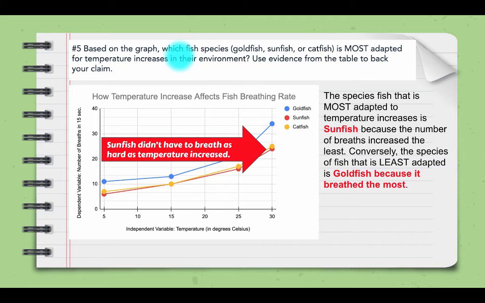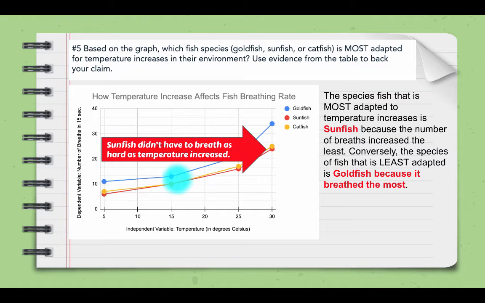Then we compared the three fish, goldfish, sunfish, and catfish, to see which one would be most adapted for temperature increases in their environment. The species of fish that is most adapted to temperature increases is the sunfish, because the number of breaths increased the least. Compared to the catfish just above it, or the goldfish way above it, the sunfish breathed the least over time.